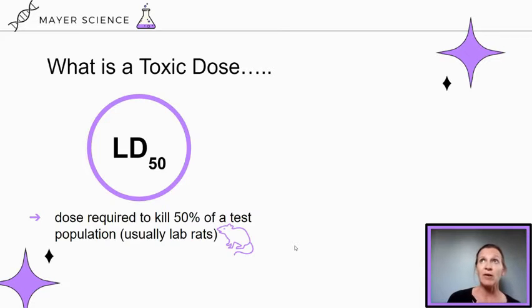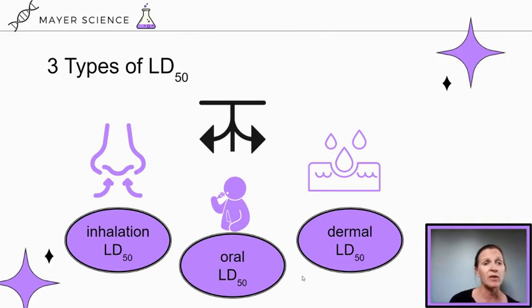I know a lot of you right now are thinking, oh no, they're testing these things on lab rats and animals are dying. That's been the common way to do this for a long time. But toxicologists who determine how toxic things are are working on using other methods besides exposing lots of animals to these different substances that we're trying to figure out toxicity on.